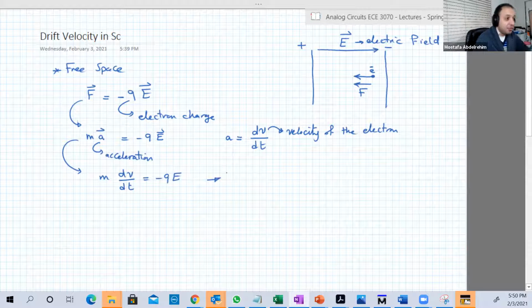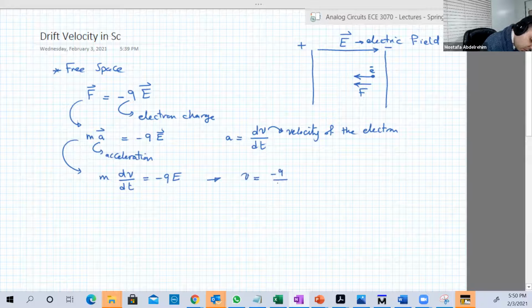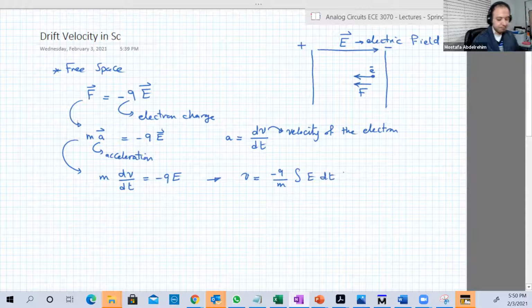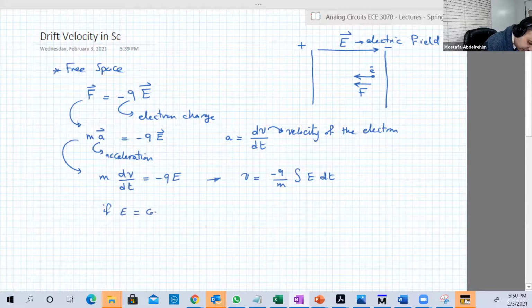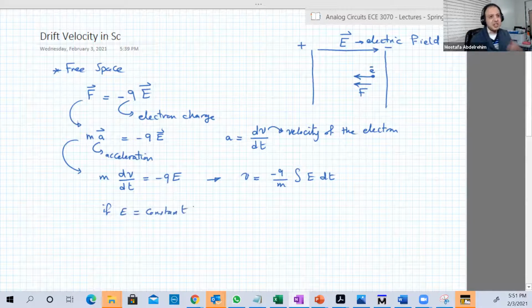From that, v will be equal to minus q over m times the integral of E dt. Just take the integration of both sides, assuming E is constant. That can easily be achieved: if you put a constant voltage between these two electrodes, then the field is constant.